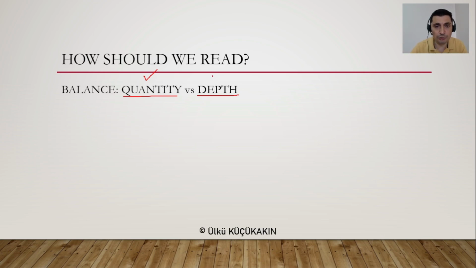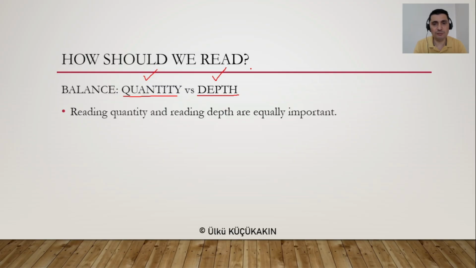And some learners want to read in too much detail. They want to analyze one text in so much detail. Now, people, we need to find a balance, a good balance between these two. What does this mean? They are both equally important, everyone. They are equally important.